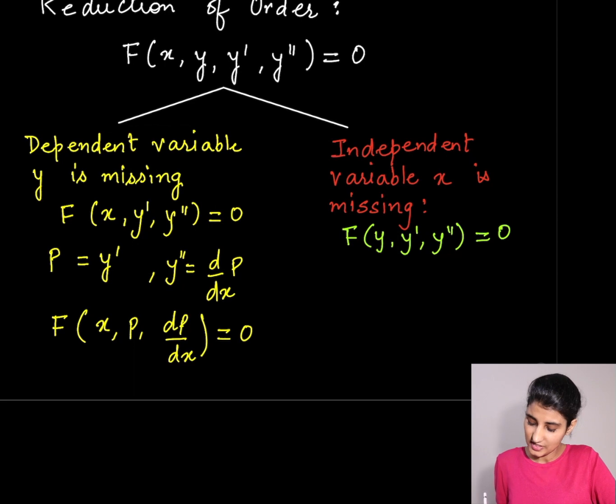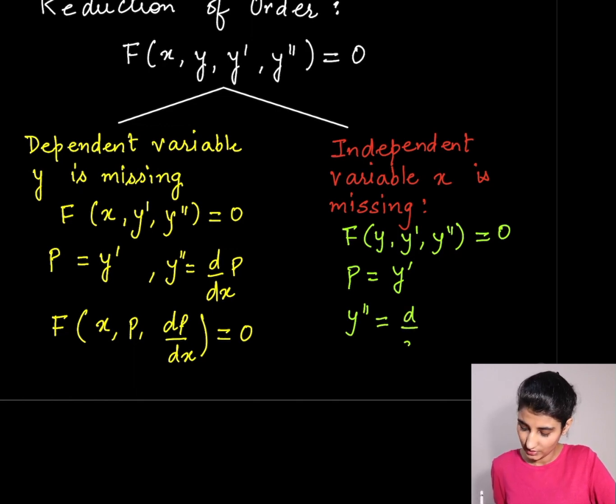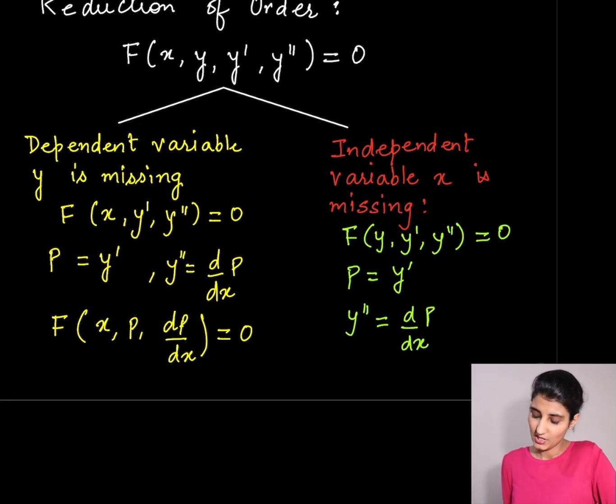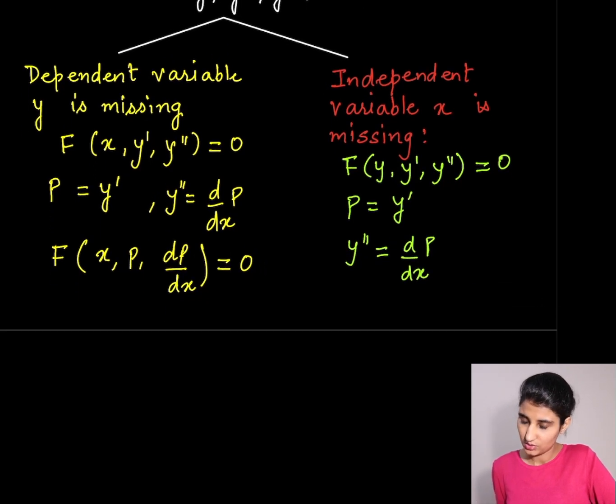Here also we will substitute p equal to y prime, but this time p is a function of y. So y double prime will be equal to the derivative of p, right? Okay. So x is missing. We want to replace the derivative with respect to x with something else. We don't want to involve x at all, to change this into a first order ODE.